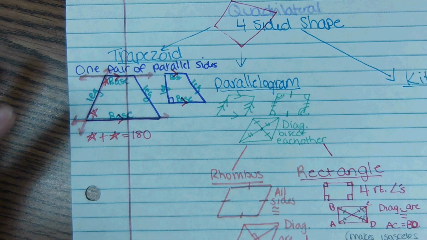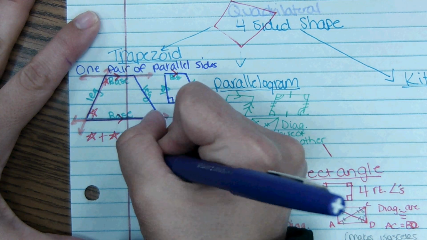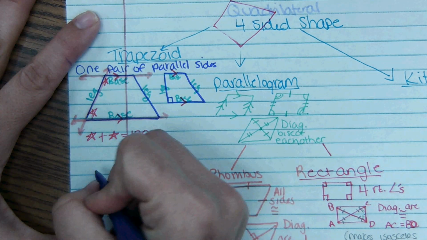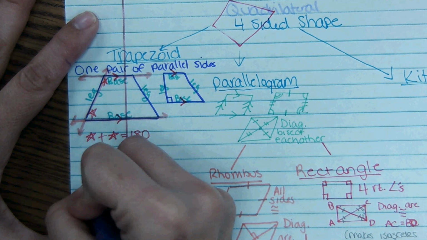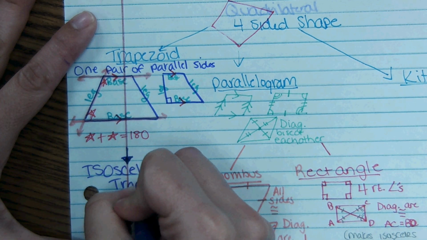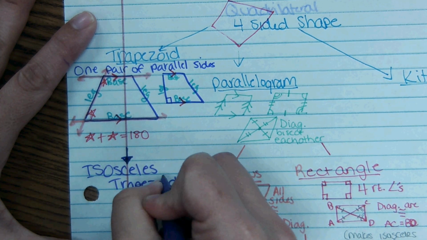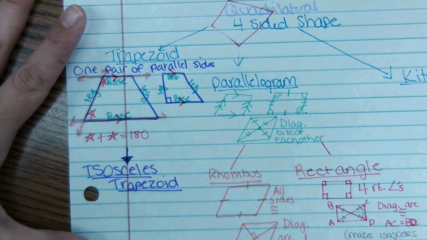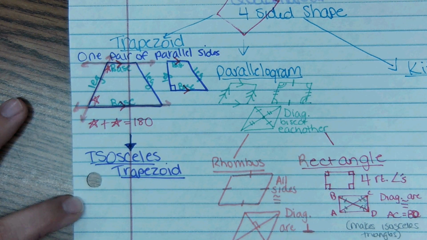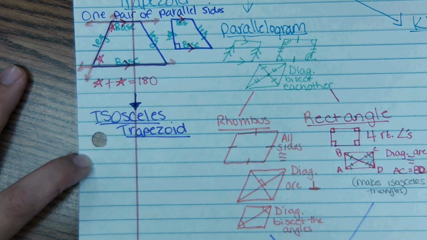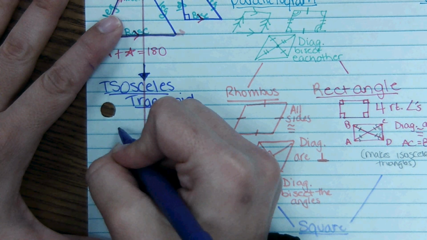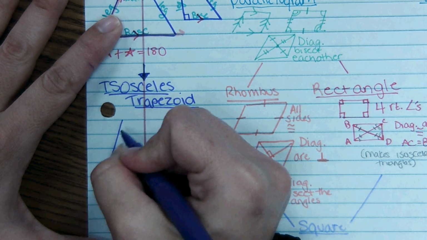Okay, then next, the trapezoid's child is called an isosceles trapezoid. Isosceles, you've seen that word before with triangles, and in triangles it means two of the sides are the same measure. It actually means the same thing with a trapezoid. An isosceles trapezoid has two sides the same measure, and it looks like this.